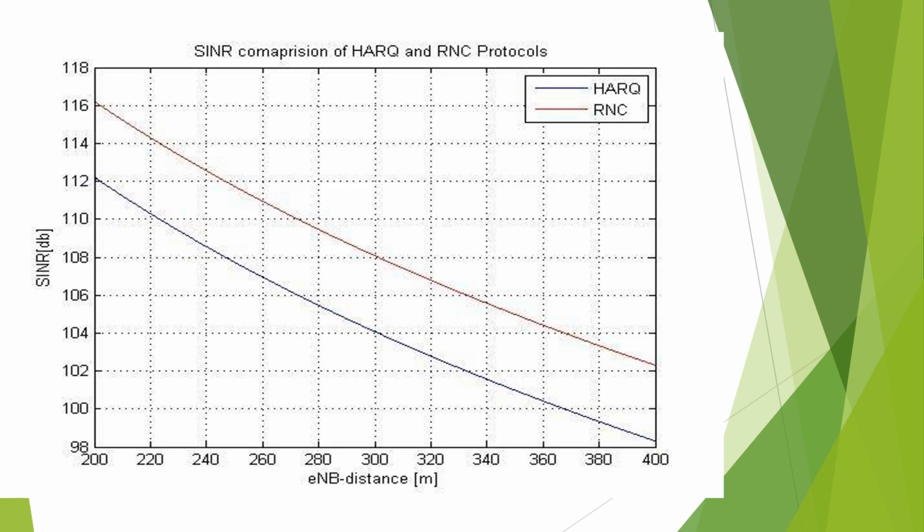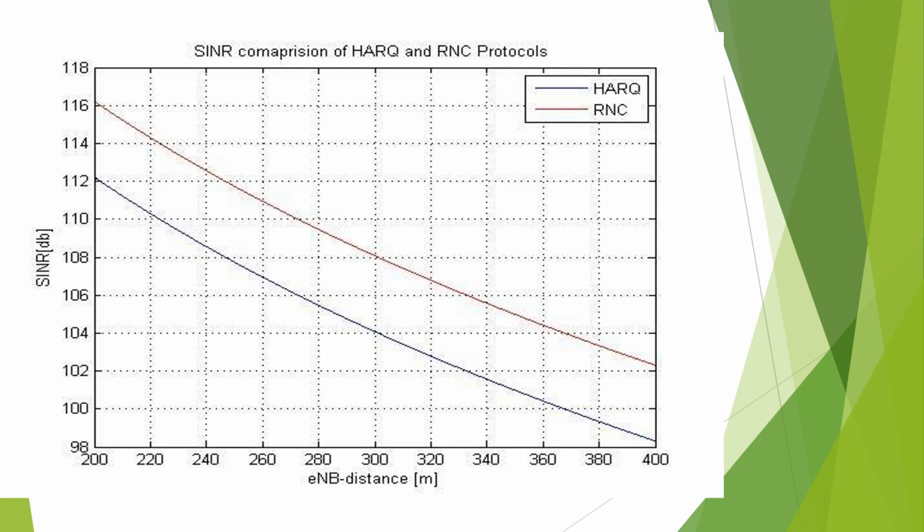And this is the SNR graph plotted for the HARQ protocol as well as the RNC protocol. You can see that the red color graph shows the plot for the RNC protocol and the blue color shows the HARQ protocol. Even with the increase in distance, the slope of HARQ and RNC are the same.